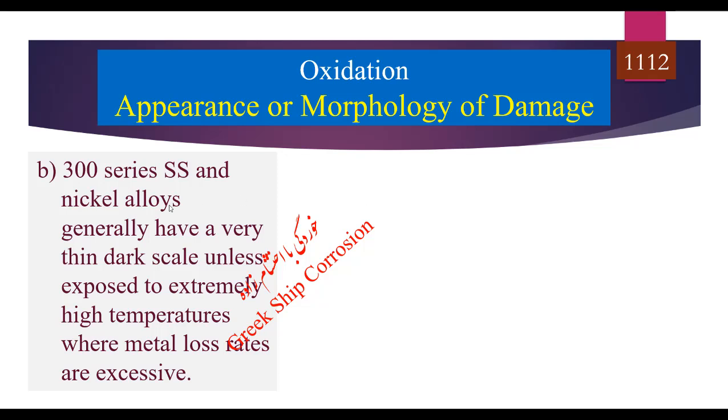B. 300 series stainless steel and nickel alloys generally have a very thin dark scale unless exposed to extremely high temperatures where metal loss rates are excessive.